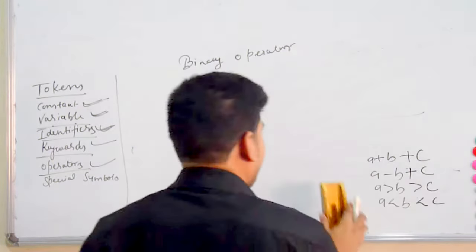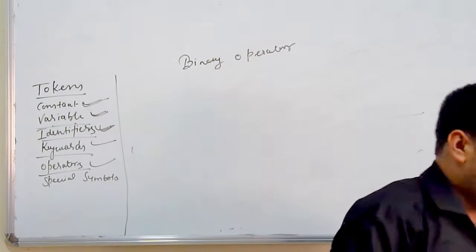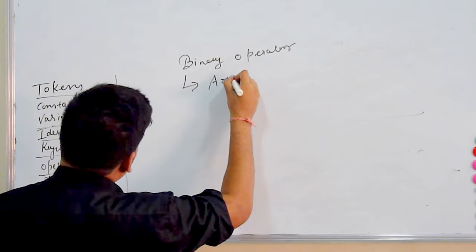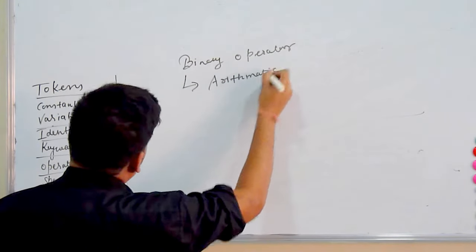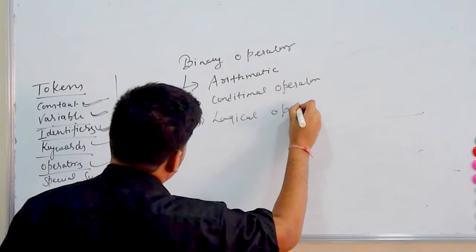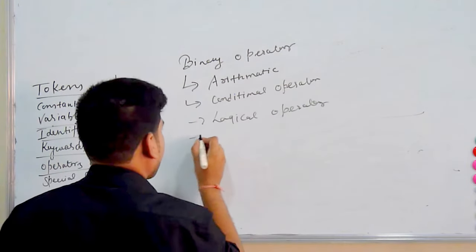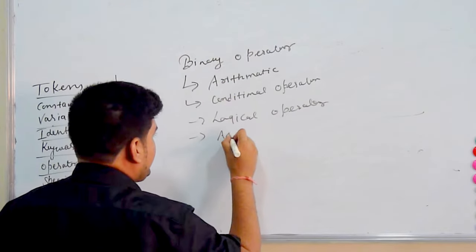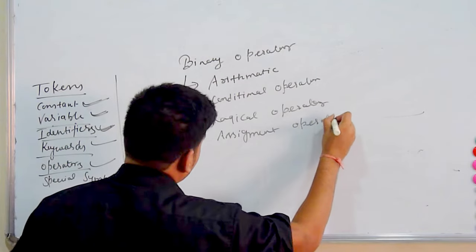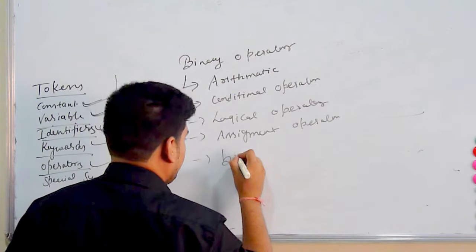Now what are the binary operators? Actually the binary operators are divided into some categories, and these categories are arithmetic operator, conditional operator, logical operator, assignment operator, and bitwise operator.